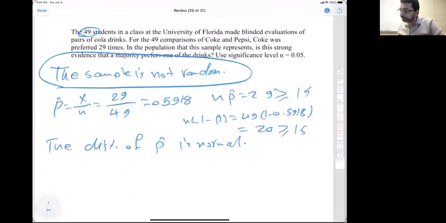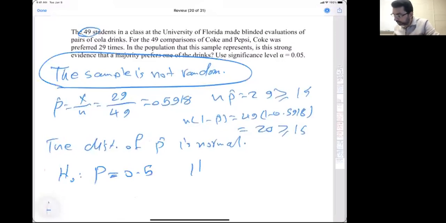Here we wanted to check if the majority prefers one of the drinks. If the majority doesn't prefer a specific one, it will be 50-50, right? 50% to 50%. So the null hypothesis is p equals 0.5, which means the other one is also 50%.